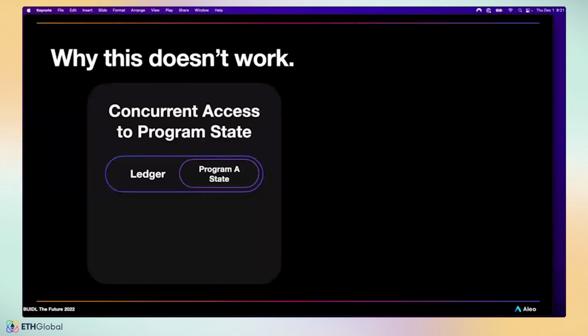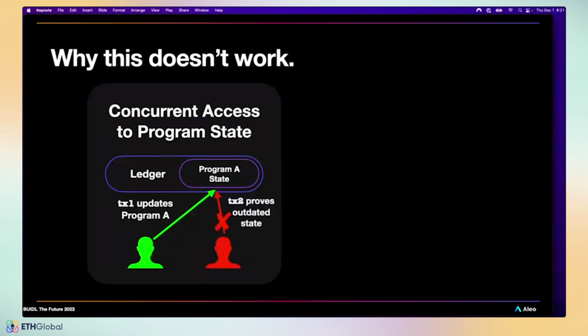So if user one comes along and submits a transaction, and while the network is verifying and updating it, user two comes along and tries to submit a transaction, or reads the network state and tries to submit a transaction. If user one's transaction goes through, user two will fail because it has read old state.